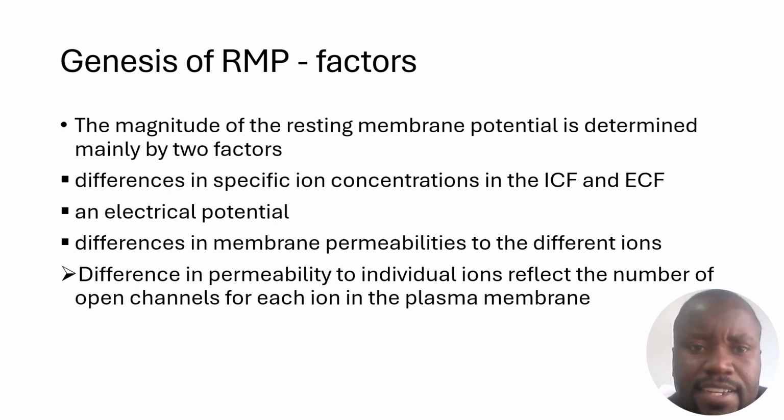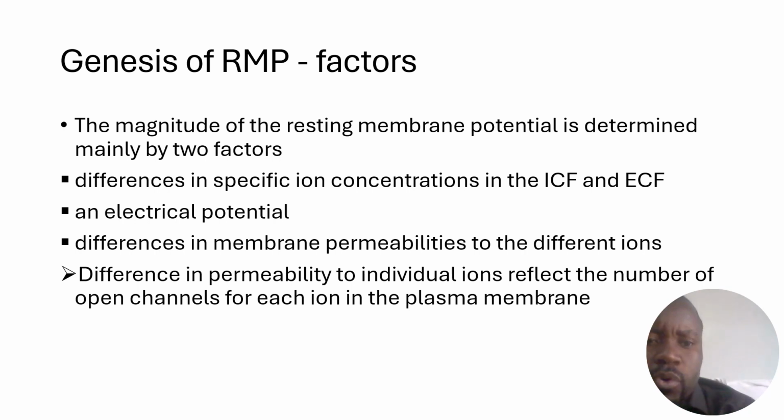So what are the factors that determine the resting membrane potential? The magnitude depends on the difference in electrolyte concentration, but also on the electrical potential, which is the equilibrium potential resulting from the concentration difference and the electrical difference caused by attractive and repulsive forces.